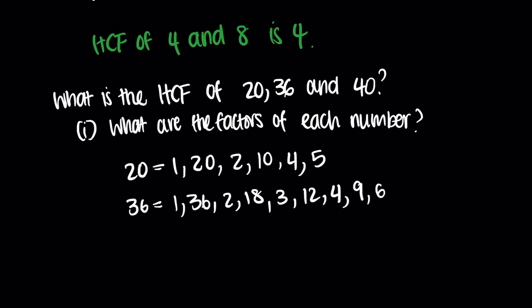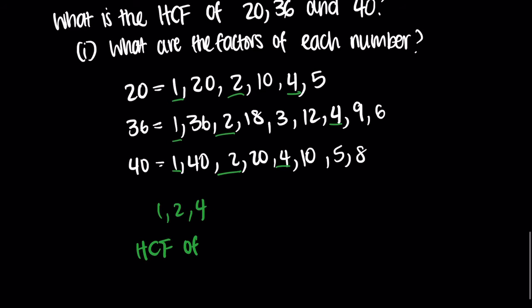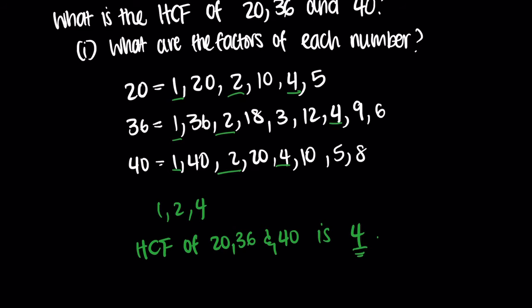And the factors of 40 are 1, 40, 2, 20, 4, 10, 5, and 8. We see that the common factors among all three of these numbers are 1, 2, and 4. And so the highest common factor is 4.